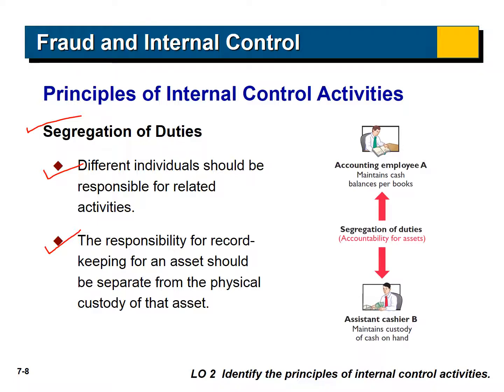So for example, in this little example on the right over here, we have the assistant cashier who has actual custody of the cash, but there's an accounting person that keeps the books related to cash. If one person had the cash and kept the books, then you just steal the cash and cover it up in the books. So that's not good. That's bad.